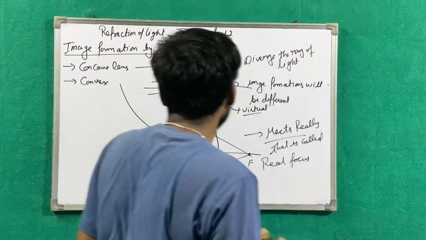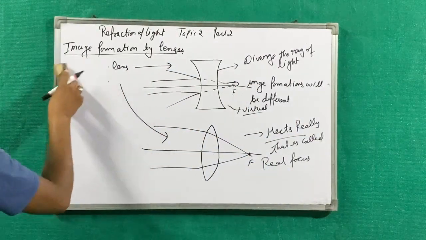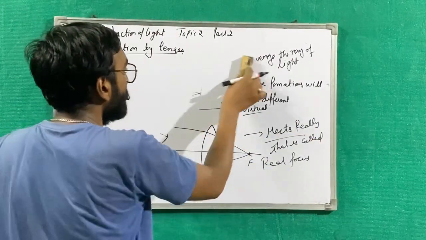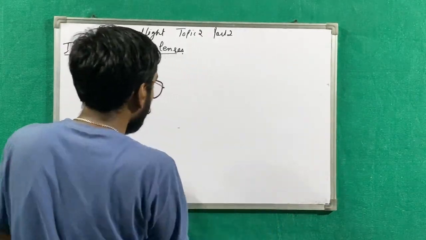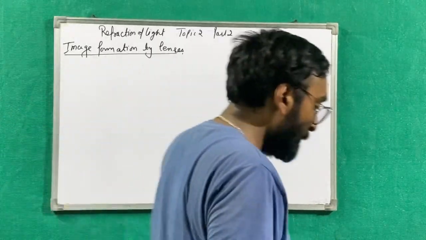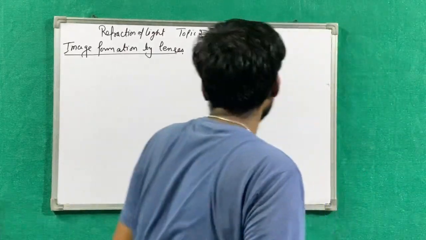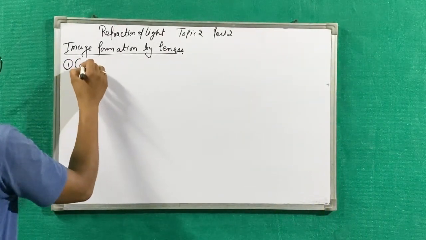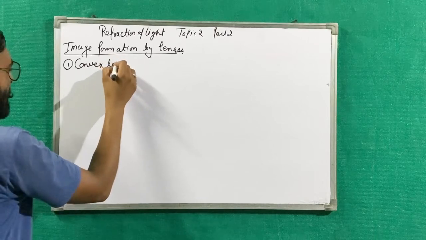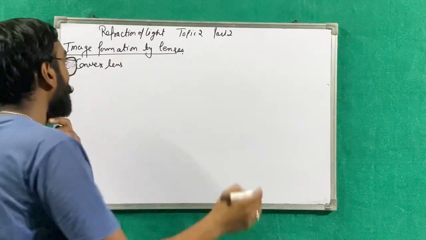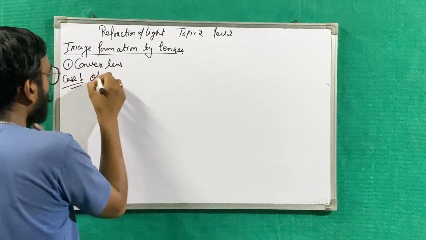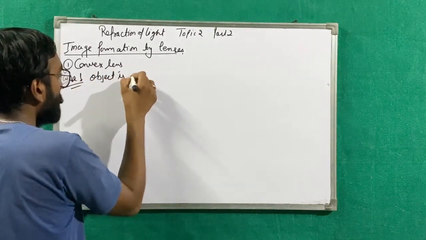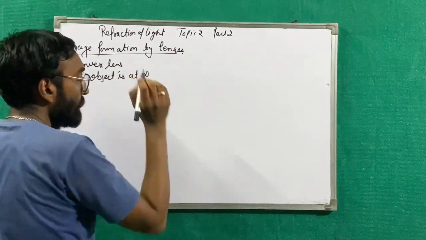First of all, we are going to make the image with the help of a convex lens. There are 6 cases, like the mirror cases we did in the first video. Case number 1 is when the object is at infinity.